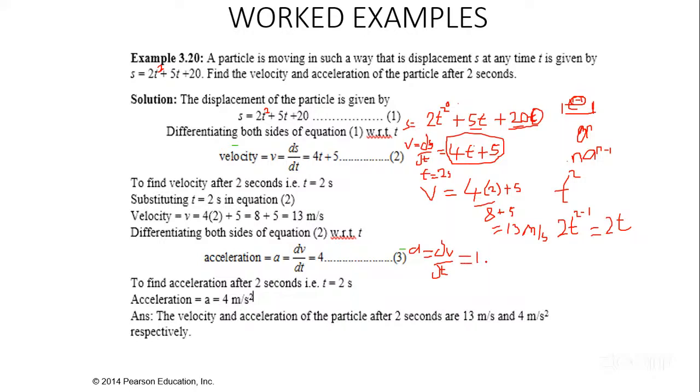So 1 times 4 gives you 4. 5 has no t, so it vanishes. So my a is 4 meters per second squared. So that is our answer. For velocity, 30 meters per second. Acceleration, 4 meters per second squared.